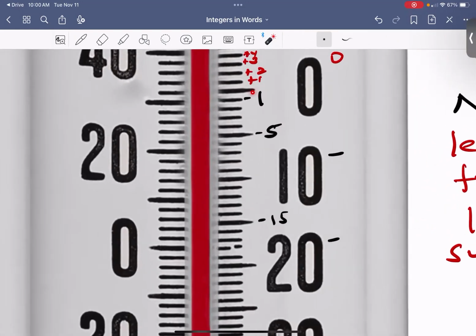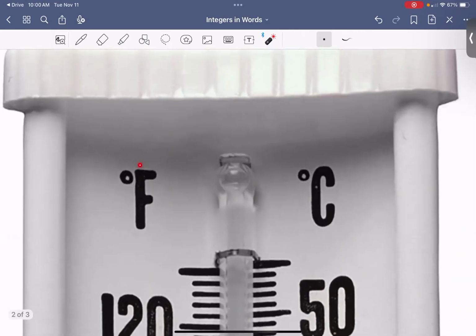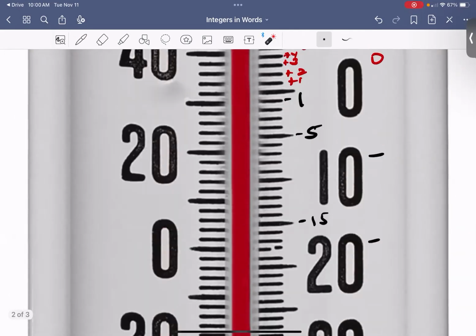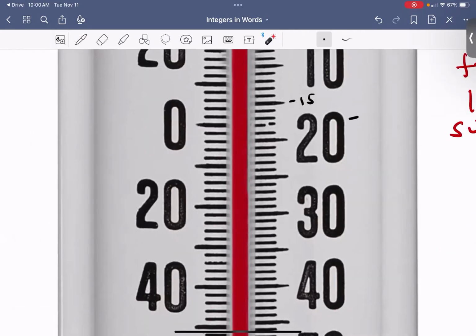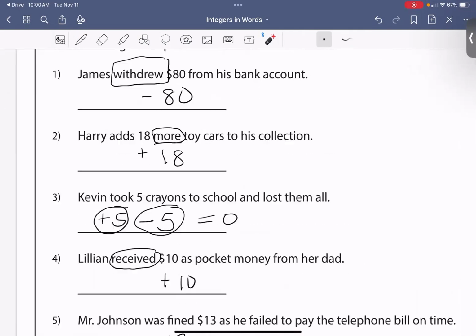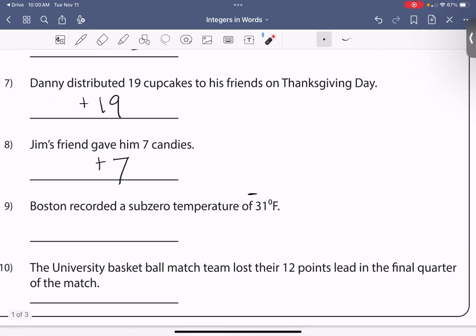That would be going down, and it's on the Fahrenheit side, so we'd use this side. Sub-zero in Fahrenheit would be down here. Since the temperature is lower than 0, sub-zero tells us that it's minus, so it would be negative 31.